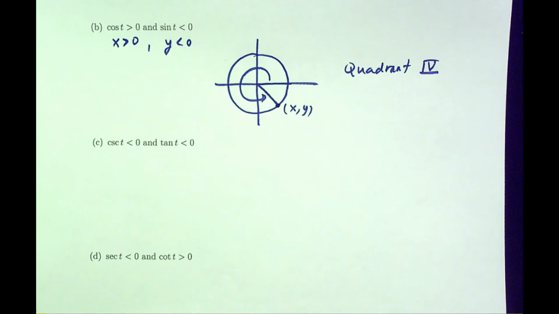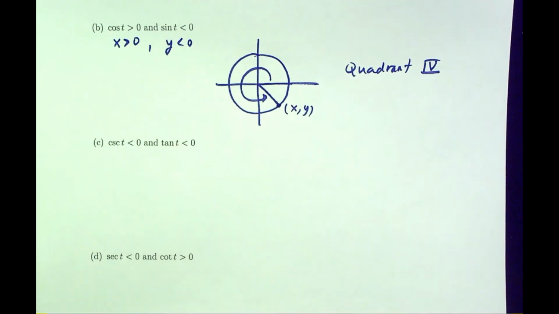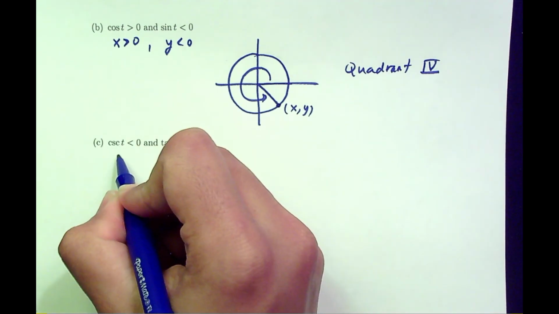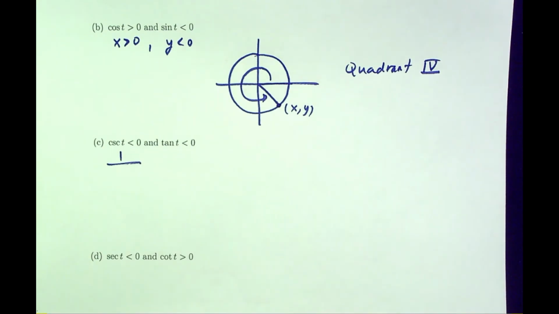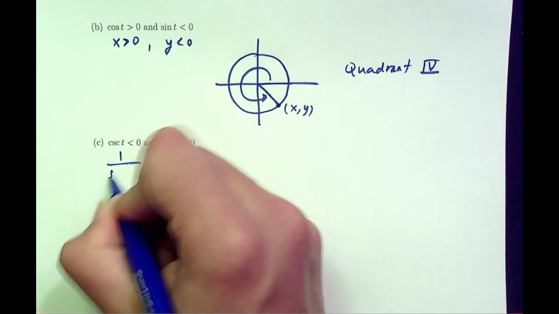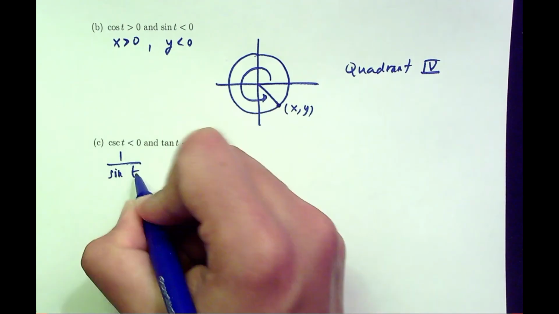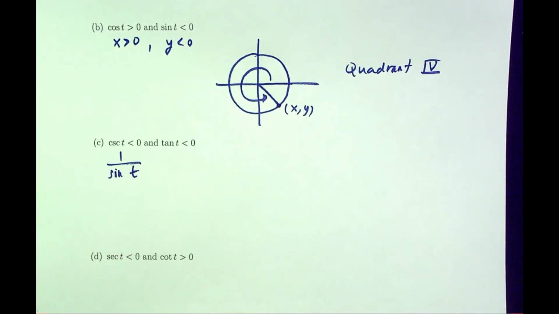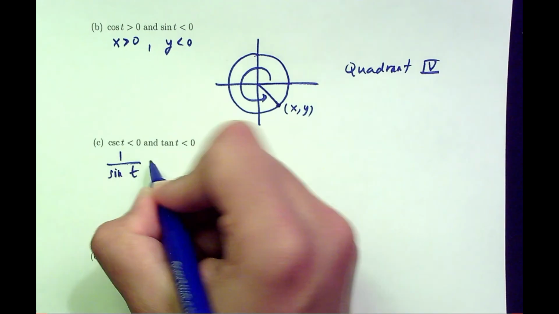Well, let's think about this. What does a cosecant less than 0 mean? Cosecant is 1 over, which trigonometric function is that? 1 over what? If you said sine, that is correct. Yes, cosecant is 1 over sine.